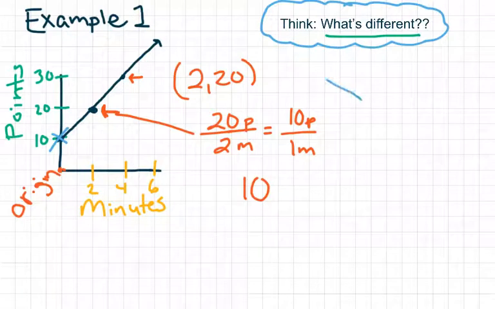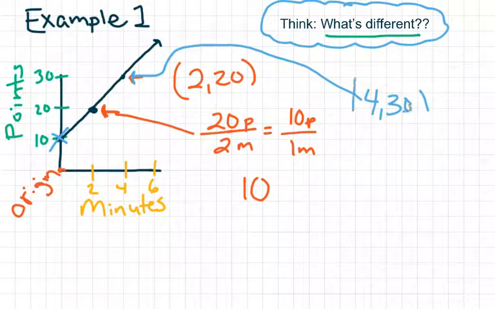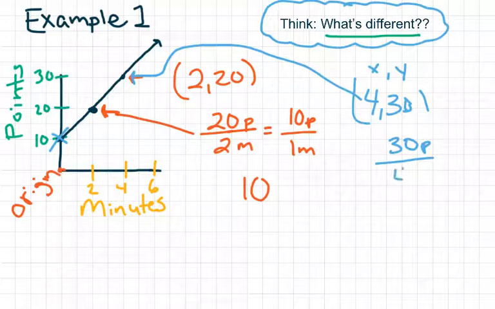Okay, let's see if that's true at this other point. I'm going to use a different color for this second one. For this point right here, we have (4, 30), our x value and our y value. To divide 30 points by 4 minutes, well, 30 divided by 4, I know is not going to be 10.